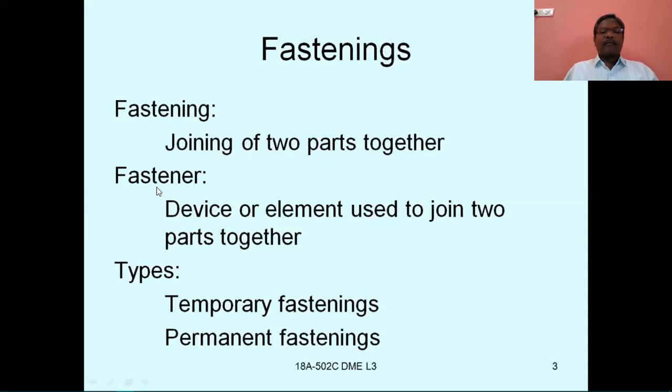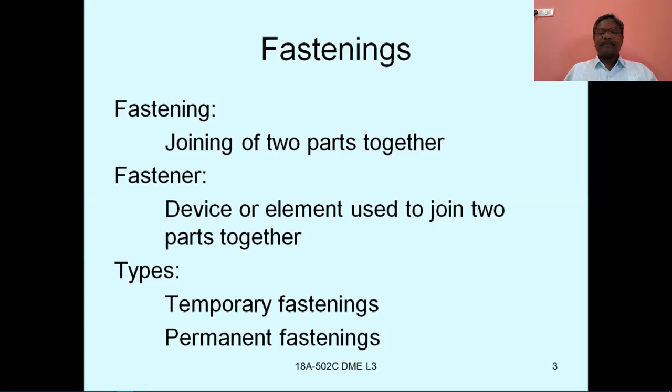And a fastener is a device or element which is used to join two parts together either permanently or temporarily.